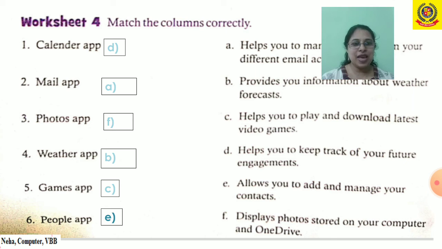Fifth, games app. Games app, what does it do? It helps to play and download latest video games. It is C. And last, people app, E is the option. Allows you to add and manage our account, our contacts. That means whatever contacts we have saved, it just gets saved in the people app. So this is worksheet 4.